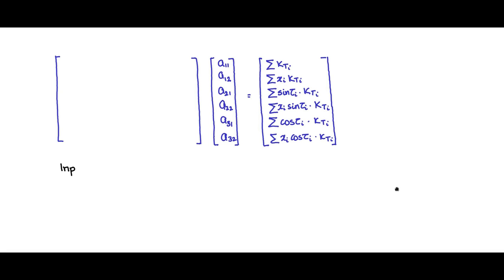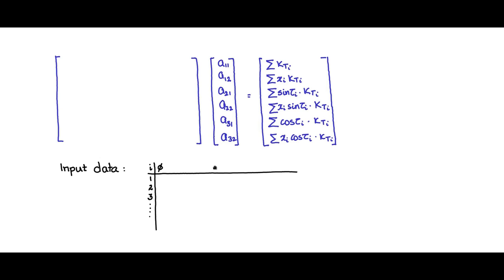Now we need to look at the input data. This input data is needed because we need to know what are these values, what is kti, what is xi, what is sine tau y, and what are all the various elements of this coefficient array. So normally you have to get a set of input data, measured data, and you should get as many as possible so that you get very good results. So I represents the number of data, more the better.